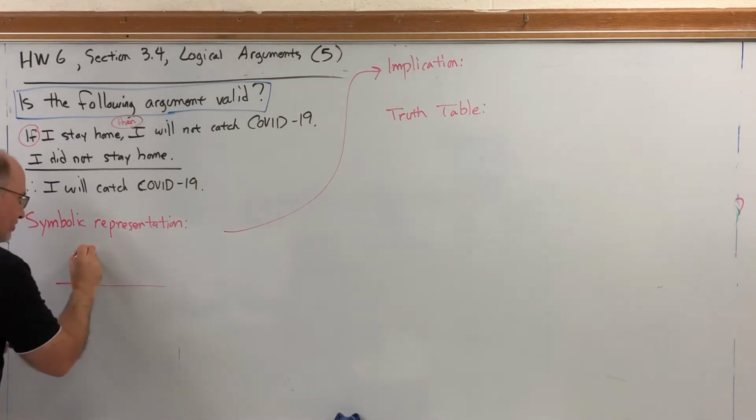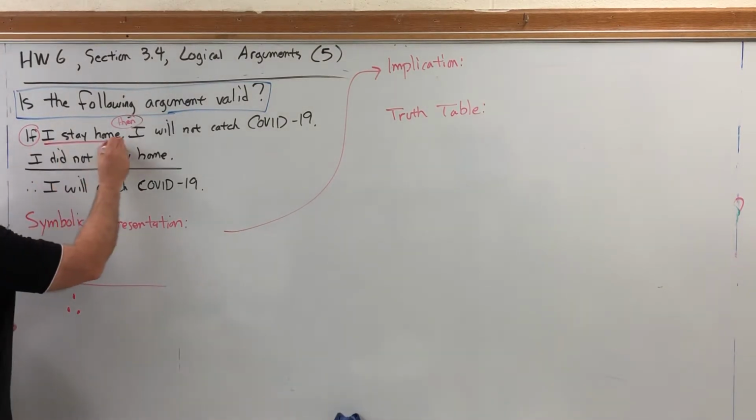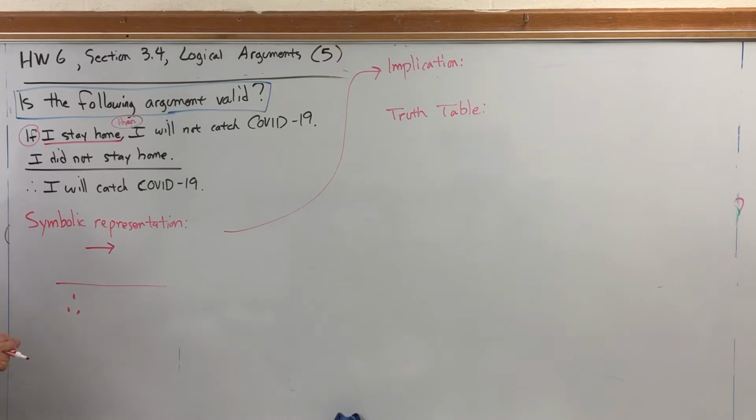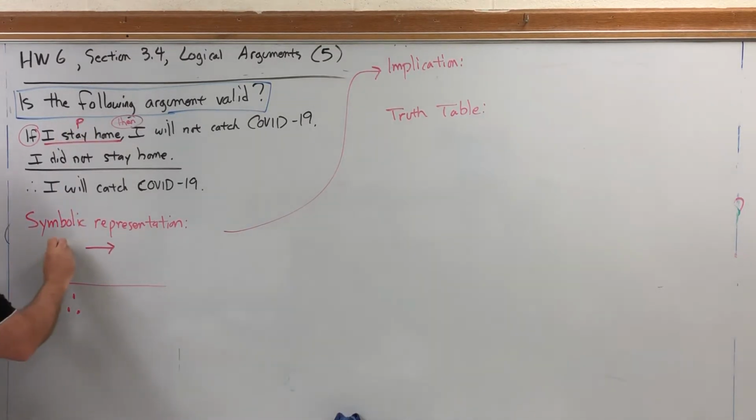So the first premise is a conditional. Let's define the simple statements it contains. On the left side of the conditional is the simple statement between if and then, I stay home. We're going to define that to be P. You can use any letter you want, but you should always start with P for consistency.